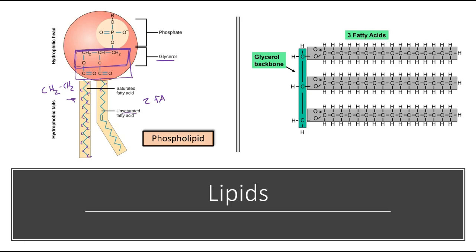Okay? And what gives the phospholipid its proprietary property, if you will, is this phosphate head. Okay, phosphate head. Notice that when you look at the entire molecule, it looks like it has a head with two chains or two tails. It's almost like a balloon with two strings. Okay, what is the purpose of a phospholipid?